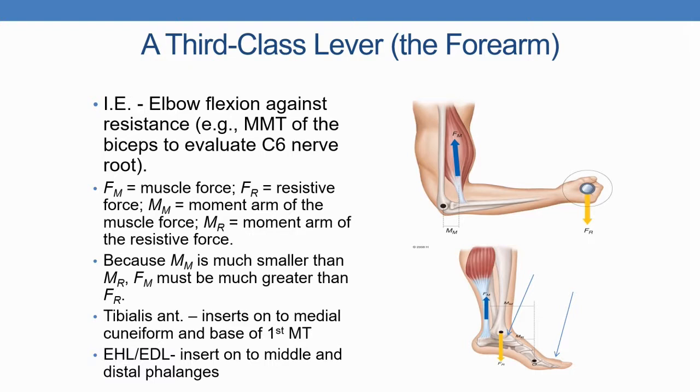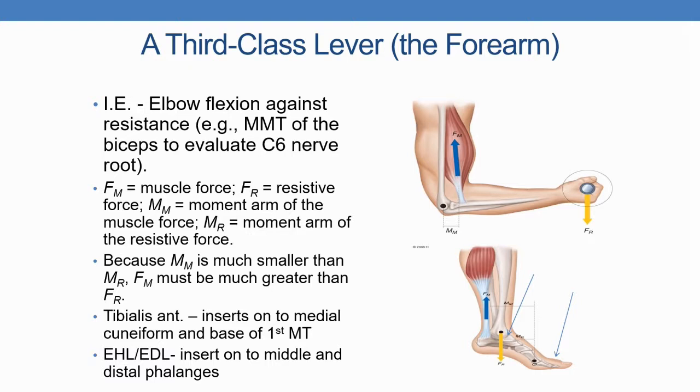I mean, just look at the discrepancy in these moment arms here. Little tiny moment arm through which the bicep tendon acts versus a large moment arm through which the resistive force acts. So the force of the applied muscle, which is the bicep muscle, must be much greater than the resistive force in order to overcome the inertia of that weight.